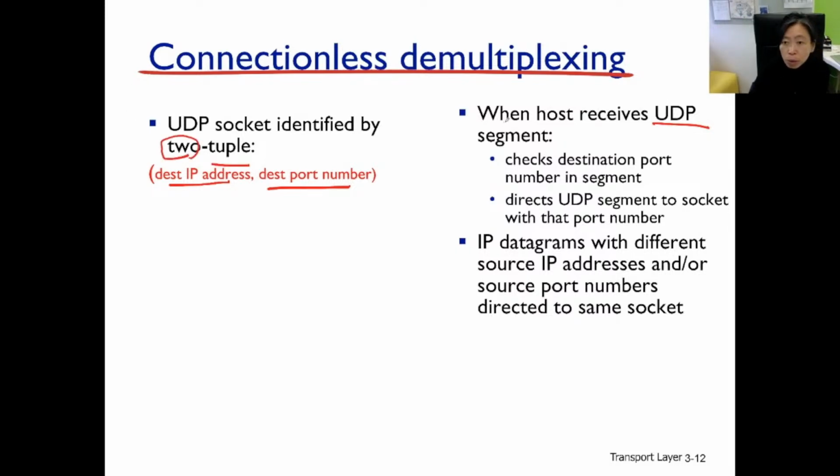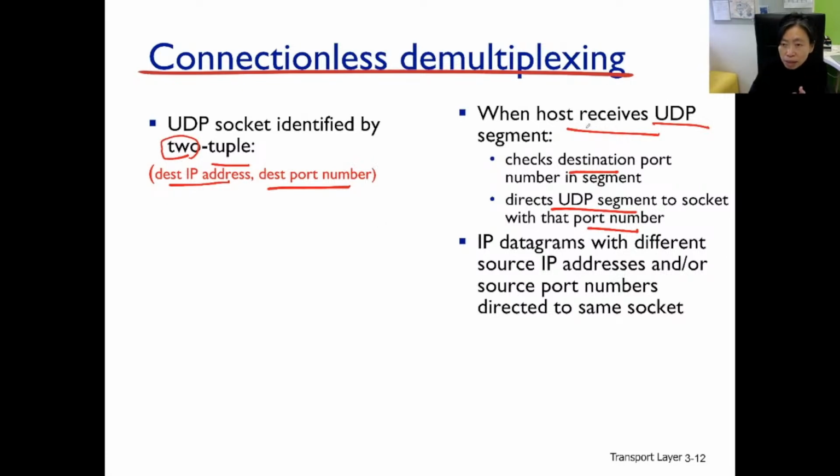When a host receives a UDP segment, it checks the destination port number in the segment and then directs the segment to the socket carrying that port number. That's pretty much it. Of course, the IP address is important because the host at the network layer can decide whether this host is the destination of the packet, keep it, and pass it up to the transport layer.